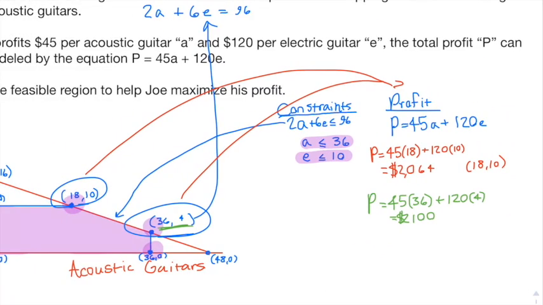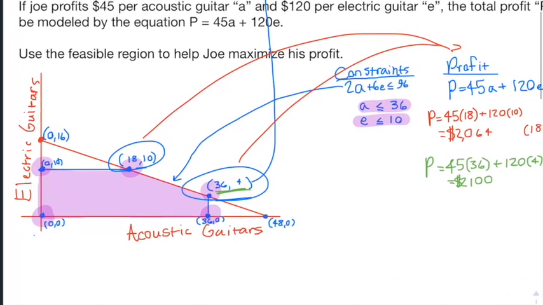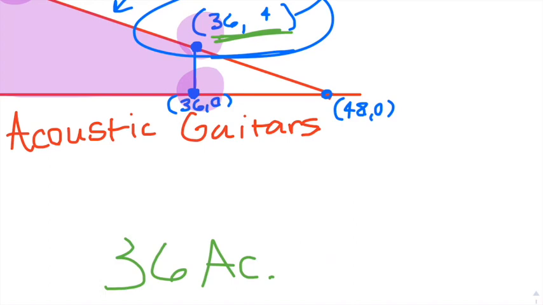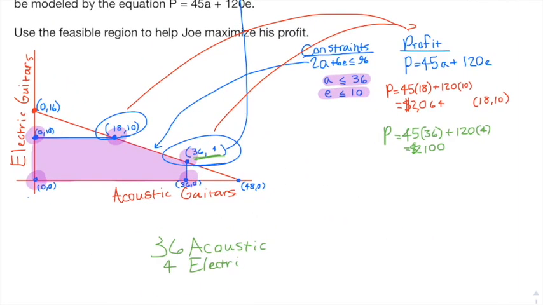So as far as which combination maximizes your profit, you want to go 36 acoustic guitars and 4 electric. That will maximize your profit. And that's a real world application of linear programming.